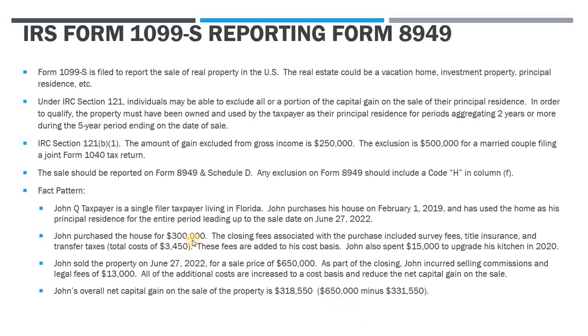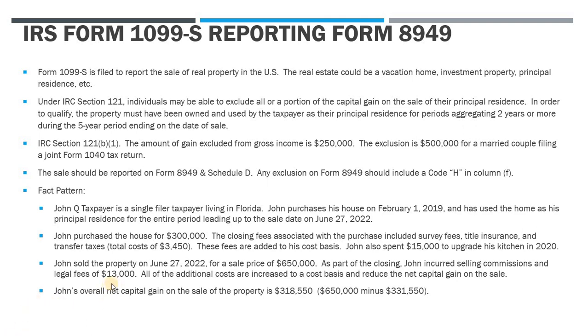It's $300K from the original purchase price plus these closing fees, plus the $15K upgrade to the kitchen, plus the legal and commissions of $13K. So he adds all those extra costs up, and his total cost basis is $331,550. So when you subtract the two, that's his net gain of $318,550.